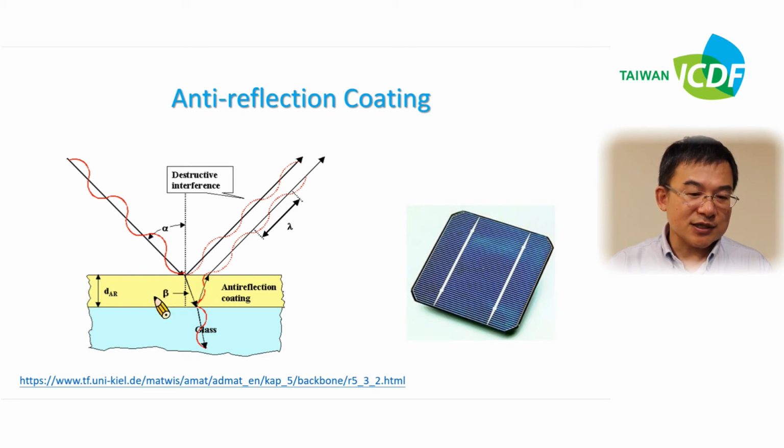If we control the thickness of the anti-reflection coating and make the two reflection lights out of phase, it means they will not reflect. So all the incident light will enter the material, not be reflected.